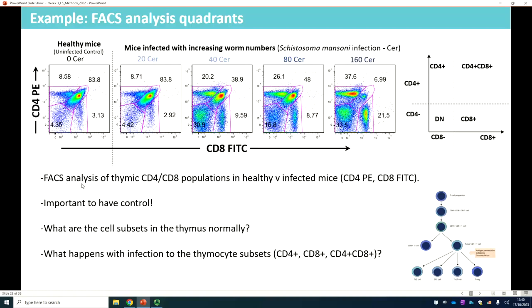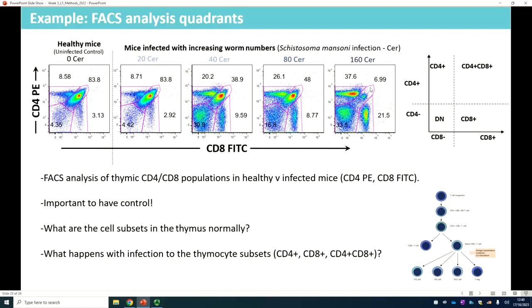What you're looking at is the FACS analysis of CD4 and CD8 populations in healthy mice versus infected mice. Important to have the control, which is obviously your healthy population here, but hopefully what you'll see is that with increasing numbers of the worm infection, you can start to see a difference in your cell population.